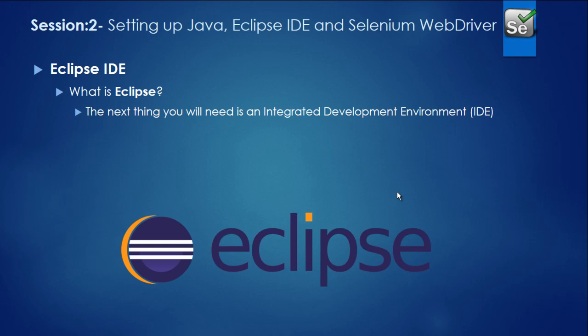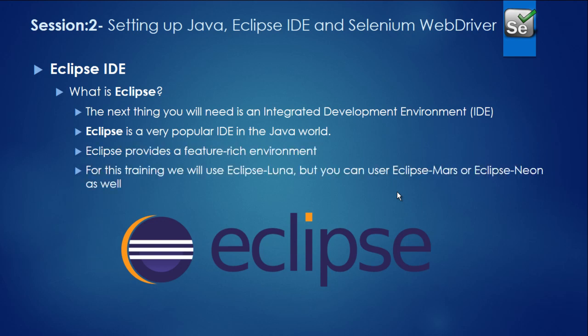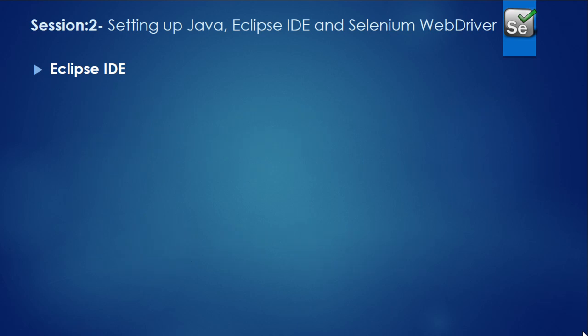It provides a very feature-rich environment, and for this training we will be using Eclipse Luna, but you can also use Eclipse Mars or Eclipse Neon or the latest version, which is Eclipse Oxygen. Now let's see from where we can find and download Eclipse.